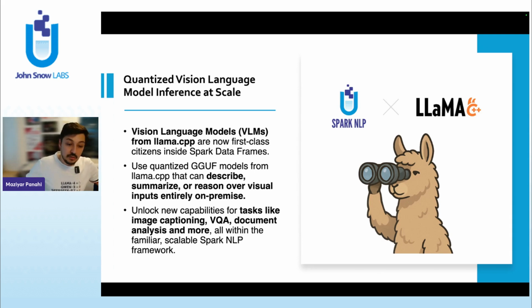You can use any quantized GGUF models from Llama CPP that can describe, summarize, or reason over visual inputs entirely on premise, offline. You can unblock tasks like image captioning, visual question answering, document analysis, and many more, all within the same familiar Spark NLP framework.